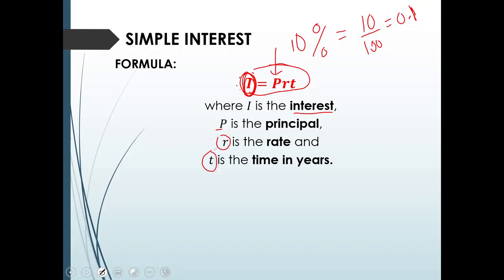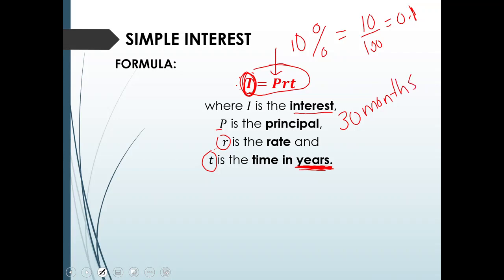Now, your time is in years. What do you mean by in years? So 5 years, 10 years, 12 years, whatsoever. Now, sometimes in some given, you will be given, let's say, 30 months.